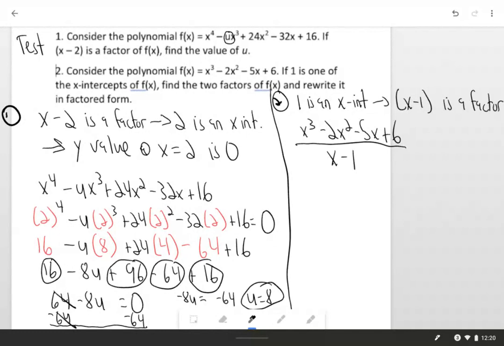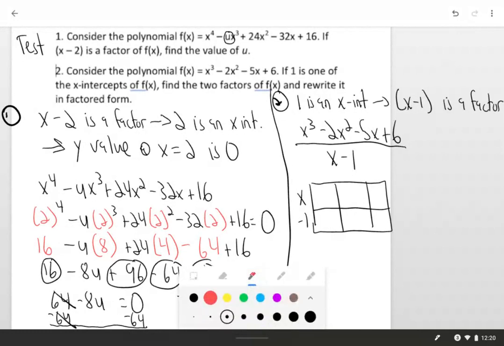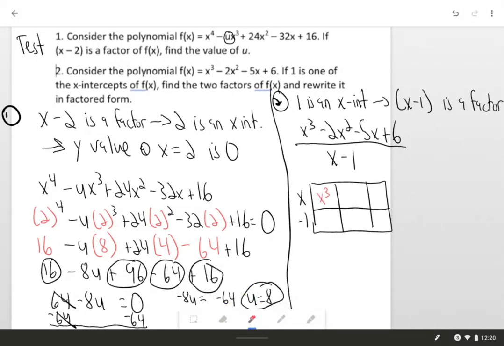Okay. So let's set up the division here, the box method. So x minus 1, and this is going to be x cubed. All right, so x times x squared is x cubed.